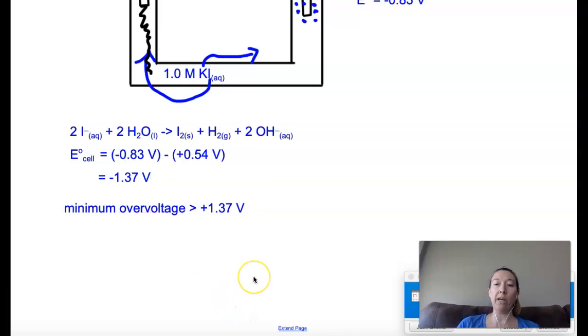Sometimes you guys are like, well, why can't I just put in exactly 1.37? But if I put in exactly 1.37, the net electrical difference is 0, so nothing happens, which is why it has to be greater than whatever the positive value is of that. Obviously, the more I crank it, the more voltage I apply, the faster this reaction is going to happen. But this would be the minimum that I would have to put to actually make this run.